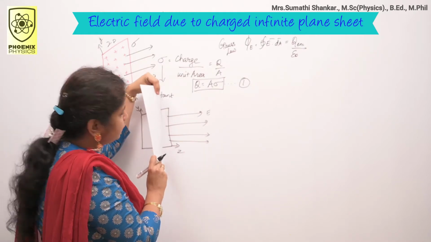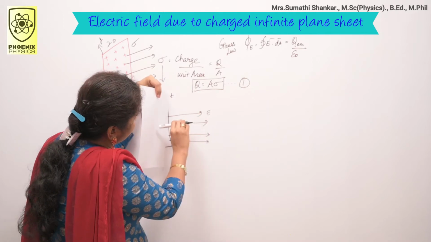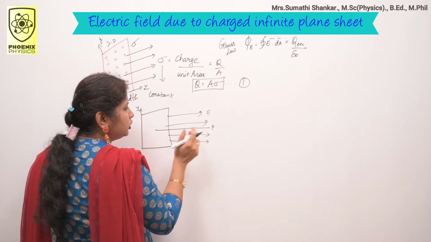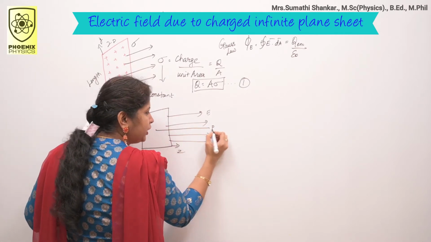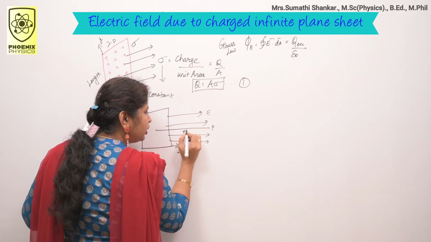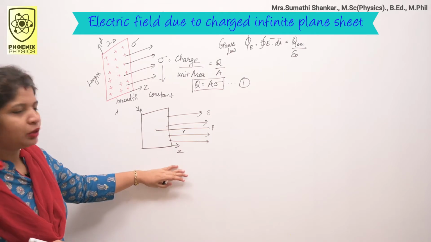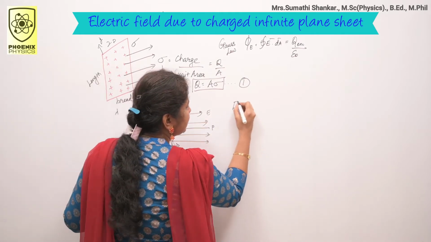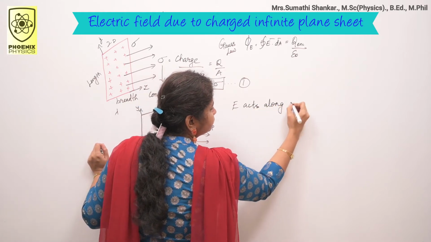Now I am going to choose point P at a distance R from the center of the sheet. From this diagram you can see the electric field E acts along x direction.